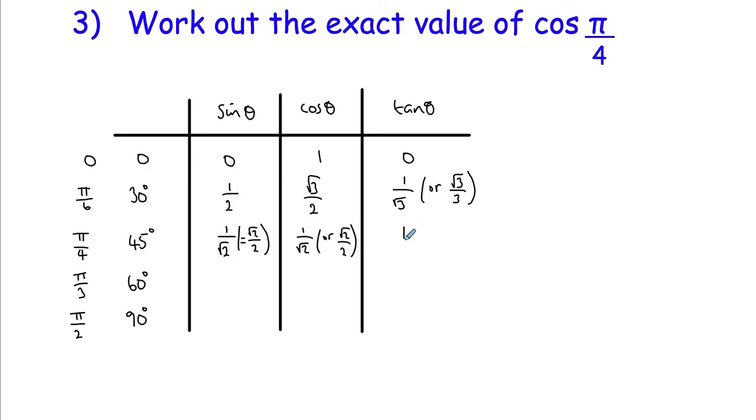And tan of 45 is 1. Sine of 60, so sine of pi over 3 is root 3 over 2. Cos of pi over 3 is a half, and tan of pi over 3 is root 3. And sine of 90 we know is 1, cos of 90, so cos of pi over 2 is 0, and tan of 90 is an asymptote, so that's not defined.